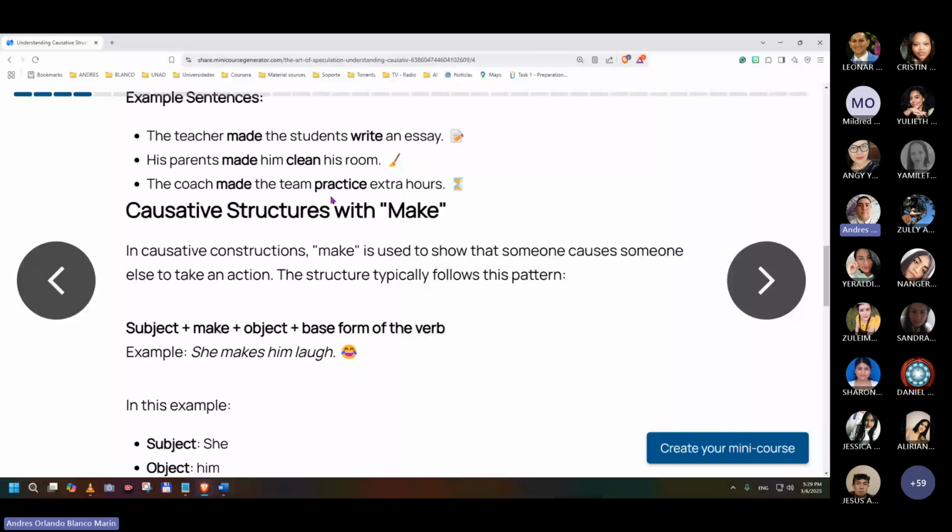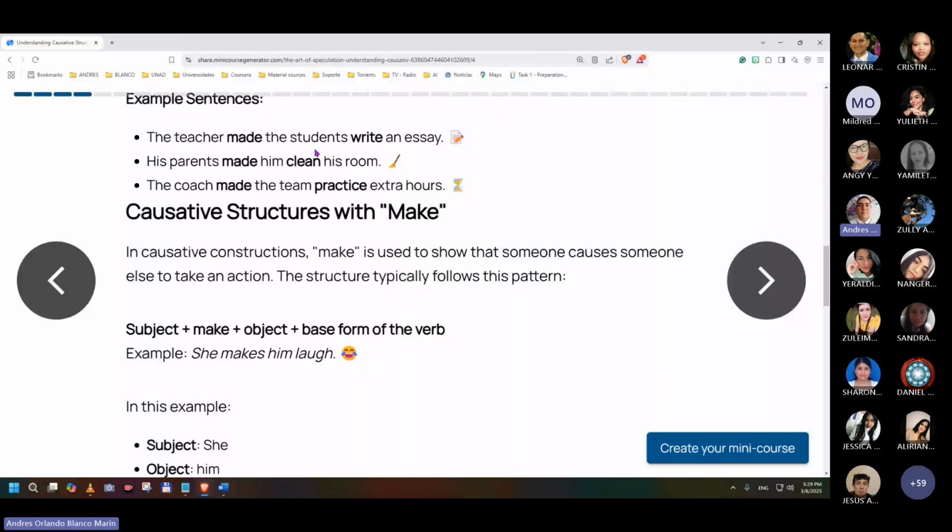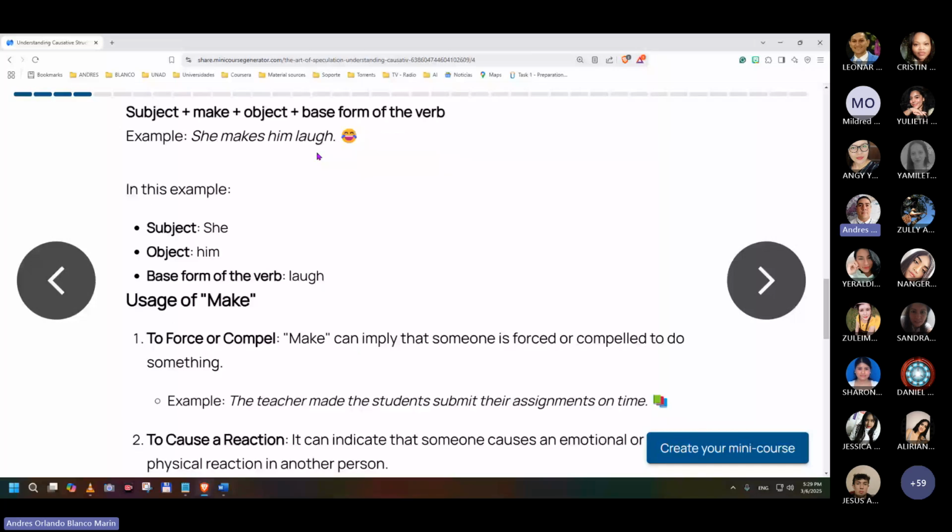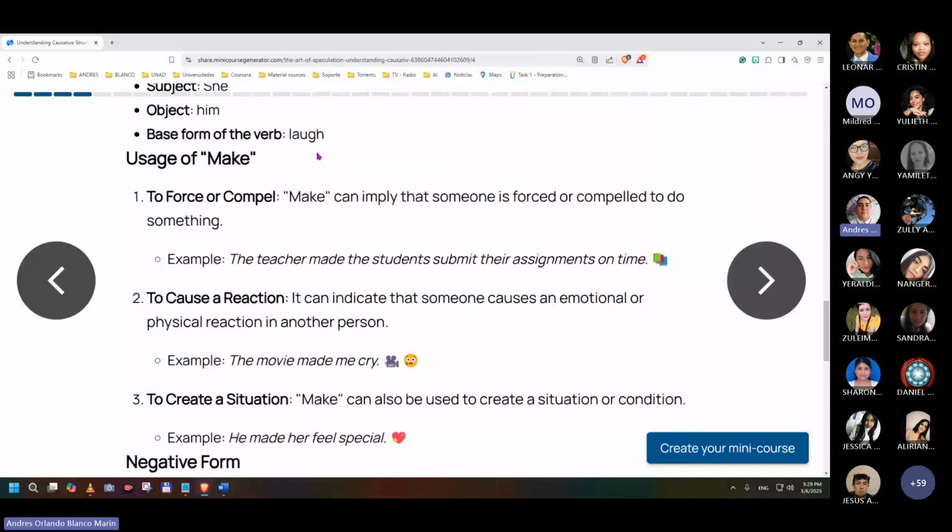You won't see conjugations here. You won't see written or wrote. You cannot conjugate this verb. The only one that you're going to conjugate to determine if the action is future, present, or past is the first one, make. So base form of the verb without conjugation.